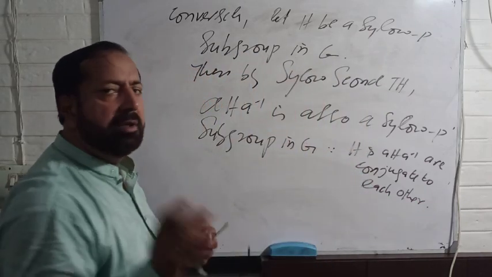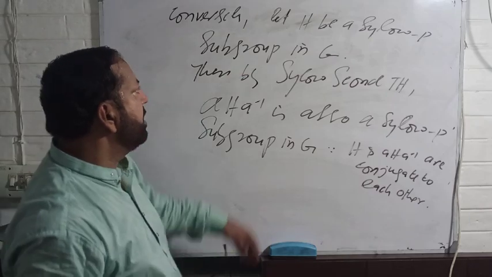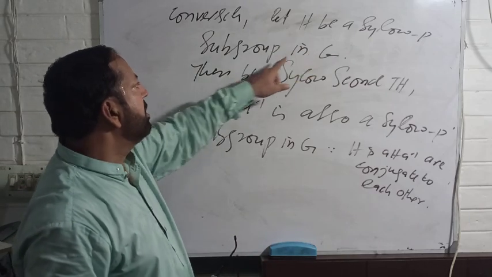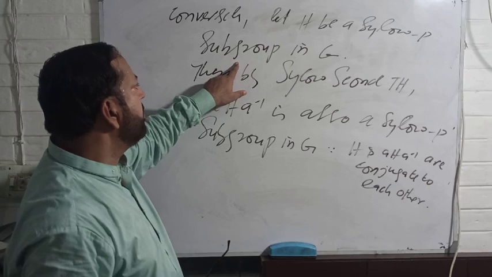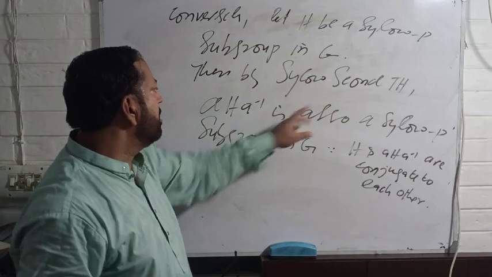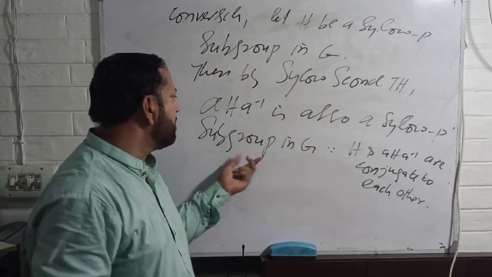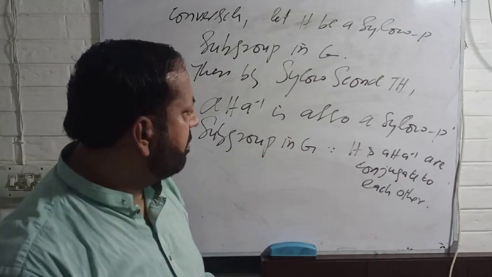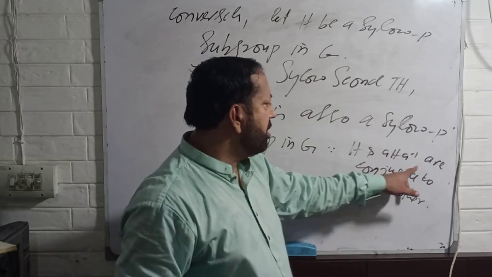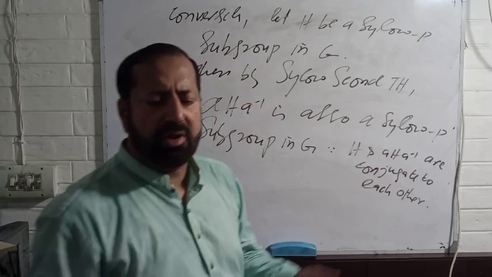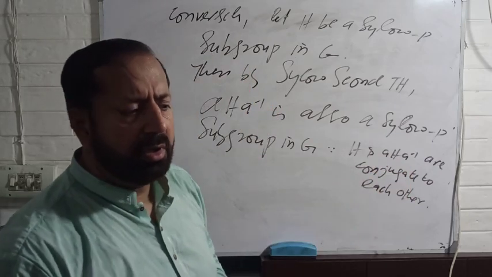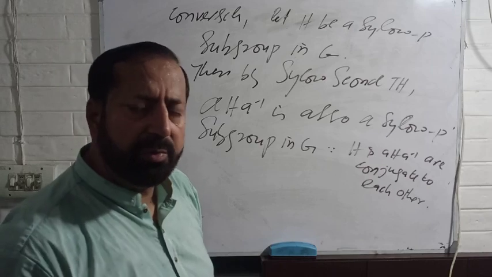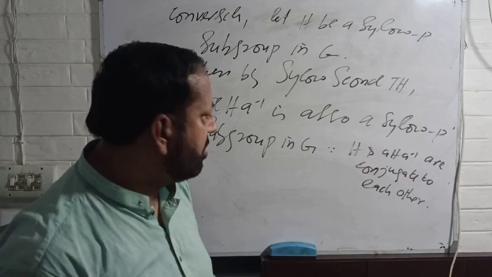Okay, this is now simple and straightforward. Suppose H is a Sylow P subgroup in G, then by Sylow's second theorem, A inverse is also a Sylow P subgroup in G. You know that any Sylow P subgroups in G are in fact conjugate to each other.